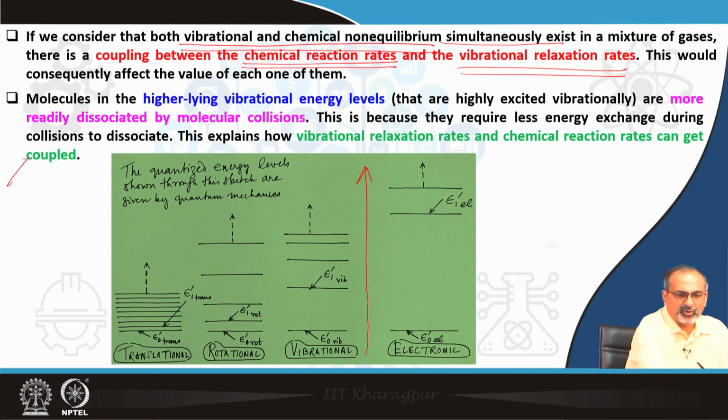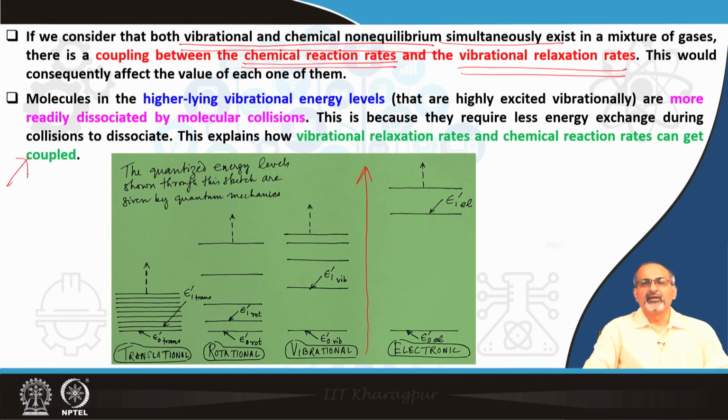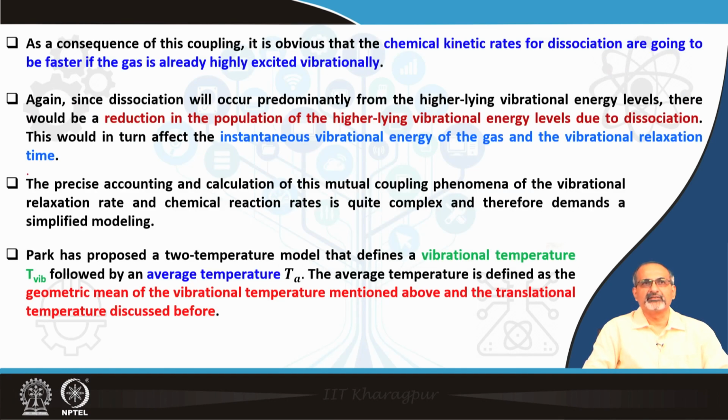That is precisely the point we are trying to make here, and this is because they require less energy exchange during collisions to dissociate. So, you can more easily induce them into a dissociation. Therefore, this in itself explains how vibrational relaxation rates and chemical reaction rates can get coupled. So, they are inherently going to get interlinked with each other.